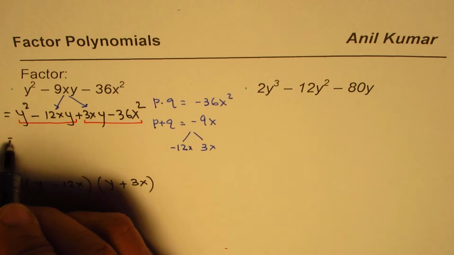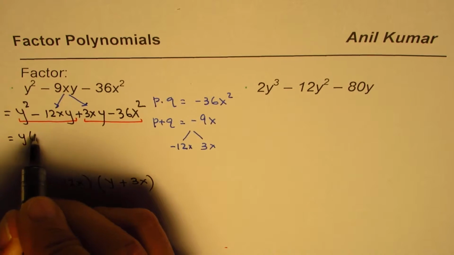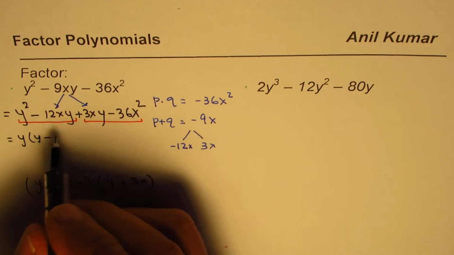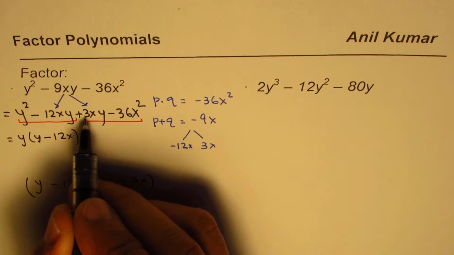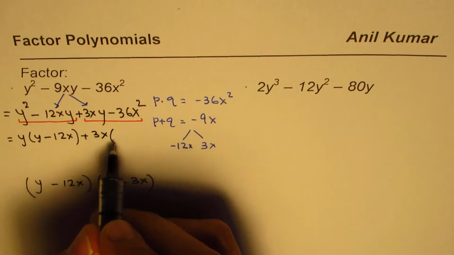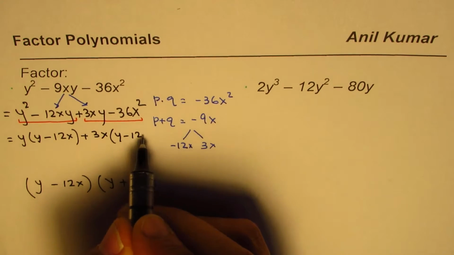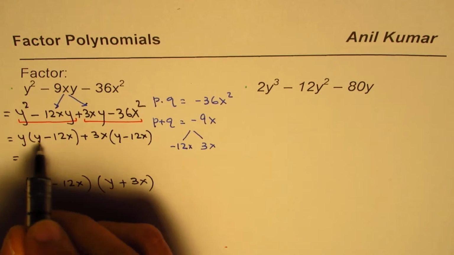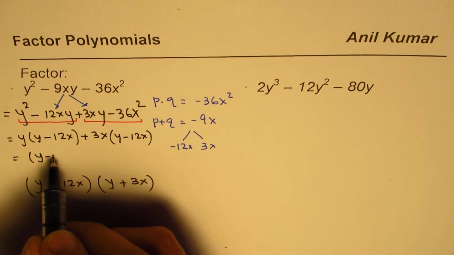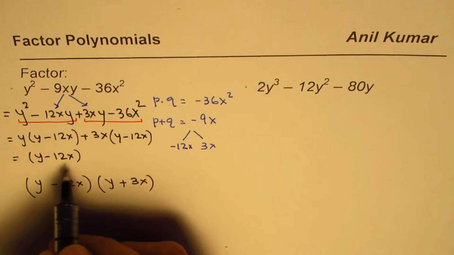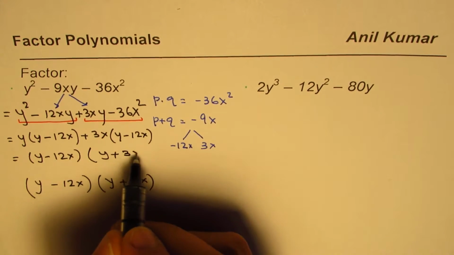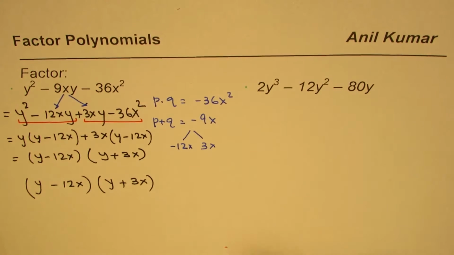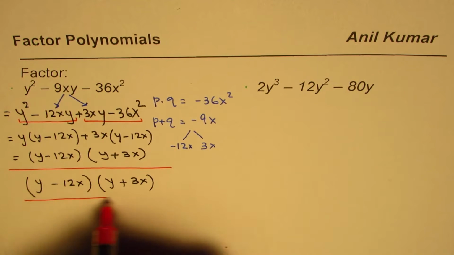Once you do that, you can take y common. So you get y minus 12x. Here you could factor 3, right, along with x. So we get y minus 12x. Since y minus 12x is a common factor, it could be written as y minus 12x times y plus 3x, correct? So you get the same answer which we wrote earlier.